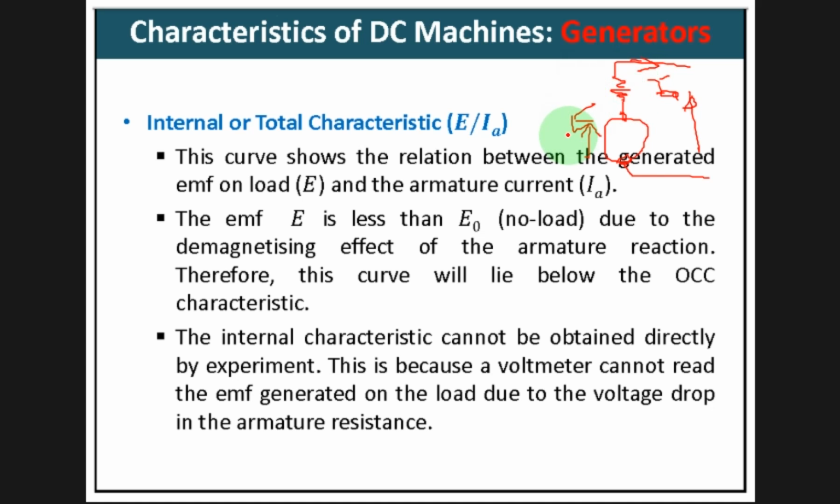Therefore, exact E you can't practically measure. Therefore, this cannot be obtained practically. This is because a voltmeter cannot read the EMF generated on the load due to the voltage drop in the armature resistance. So that is called the internal or total characteristics.